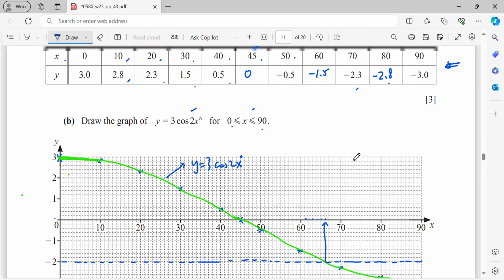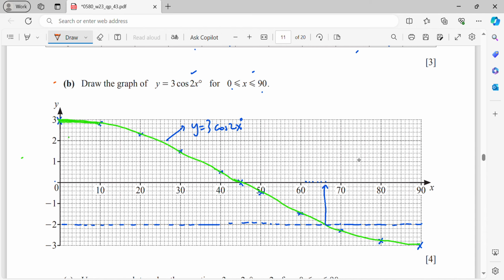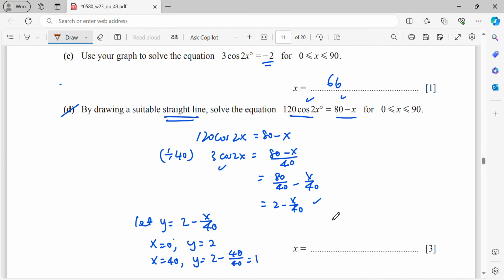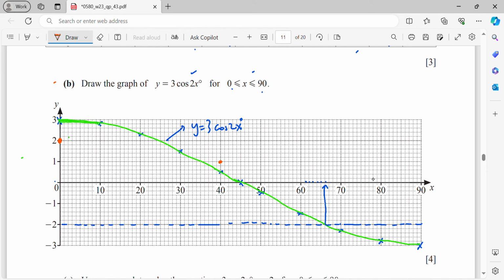So now I will add those points here. Now you need to join these 2 points. When you draw the line, my drawing is not accurate, but then you find the intersection.